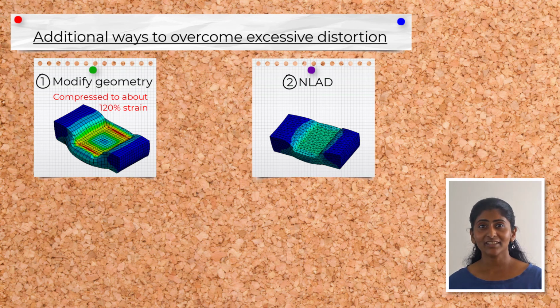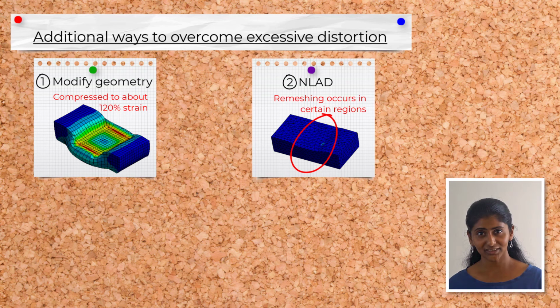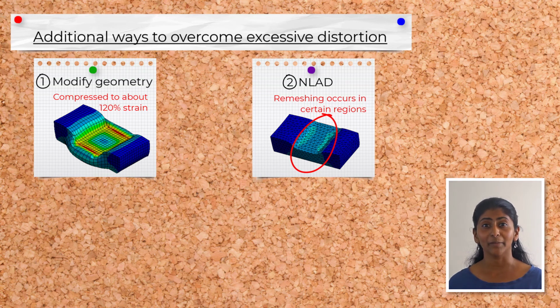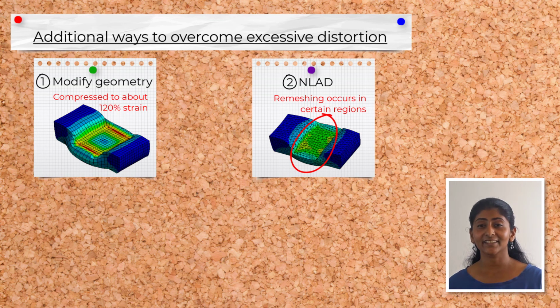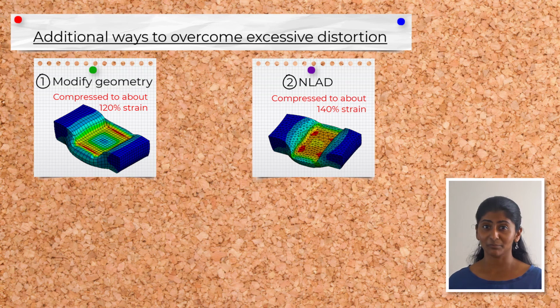NLAD is an advanced technique in which portions of the model are remeshed automatically during the solution, and this can be based on a mesh quality criterion which helps in avoiding the excessive element distortion errors. This is another option which can help the simulation proceed further, but discussing it is beyond the scope of this video.